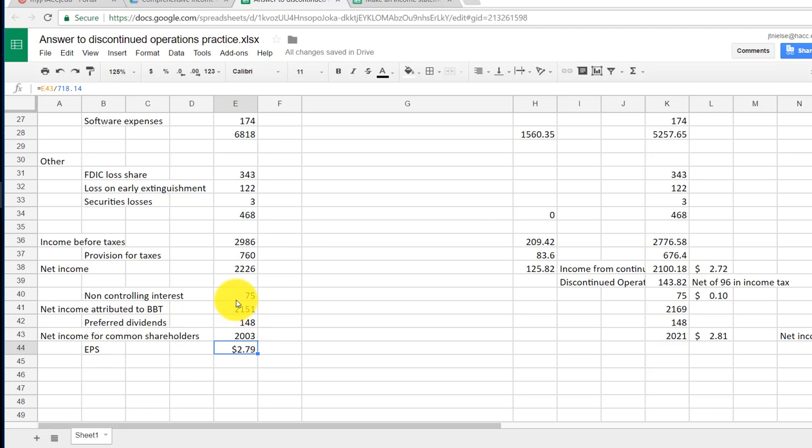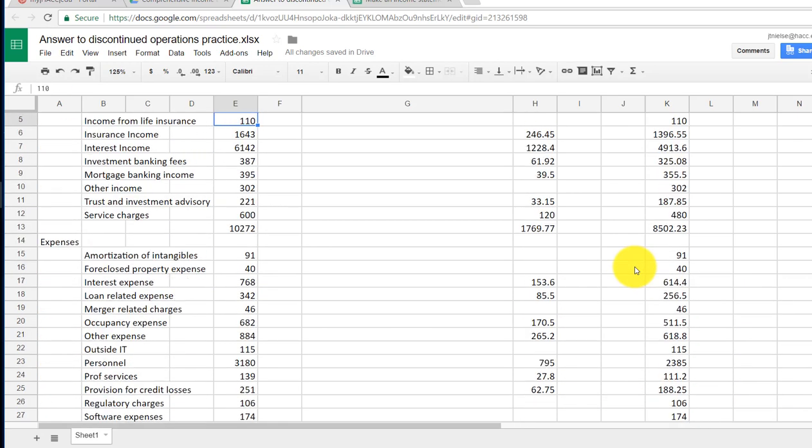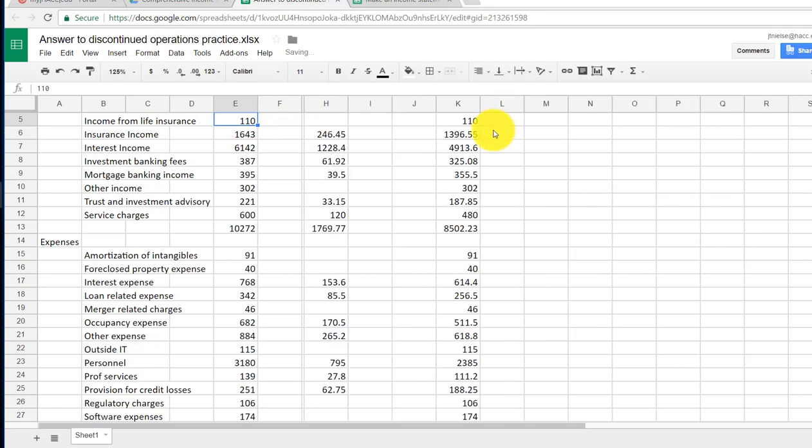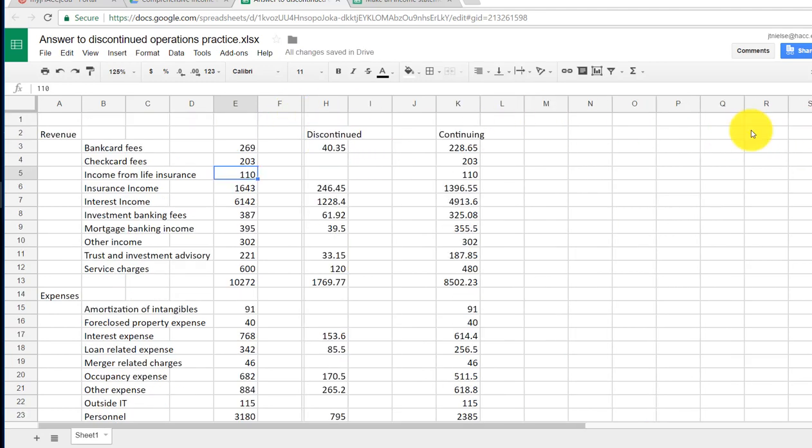And this is weighted average shares outstanding on the bottom, and that was given to you in the trial balance information. Now, once we have an income statement that looks reasonable, then we can go ahead and separate it into discontinued and continuing.